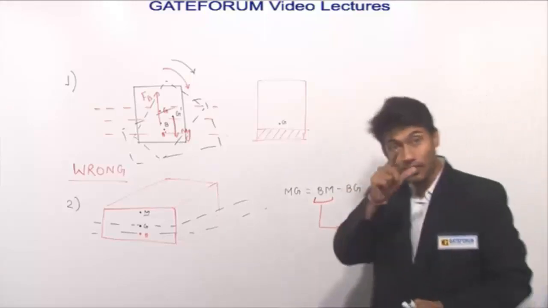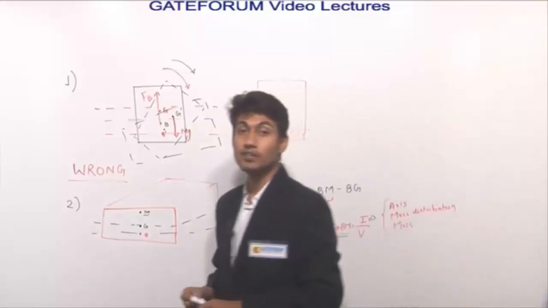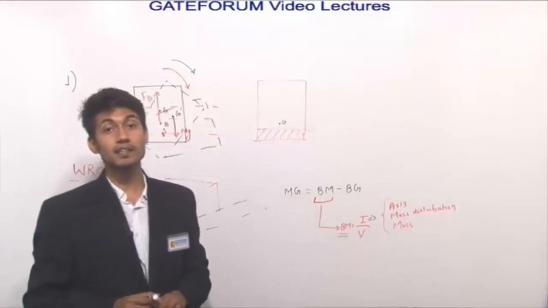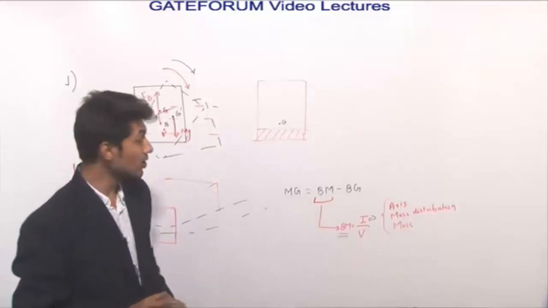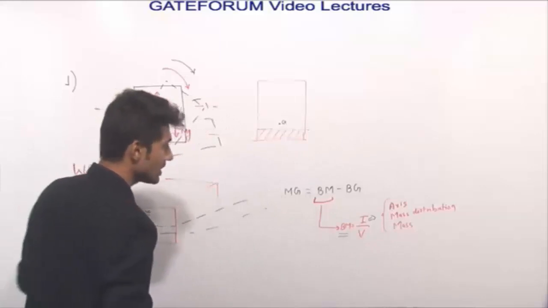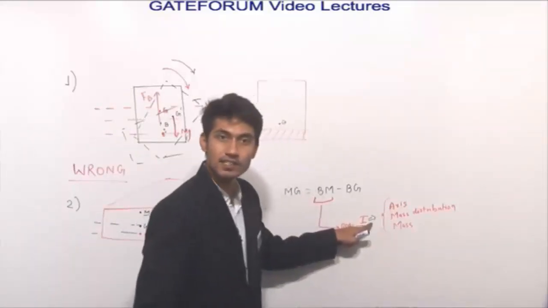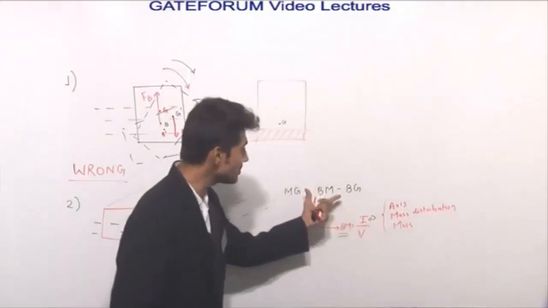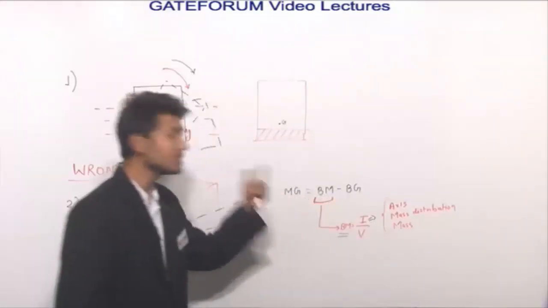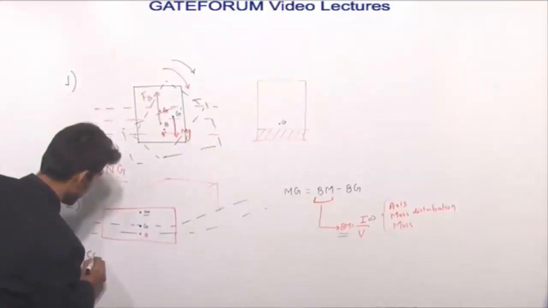Now for our particular statement, the positions of metacenters corresponding to different axes of rotation are generally different for the same floating object. It is correct. Why? Because for this particular floating object, if I am changing the axis, my moment of inertia will change. If moment of inertia is changing, BM will change, and if BM is changing, that means MG will change. So statement 2 is correct. So we will write statement 2 as correct.